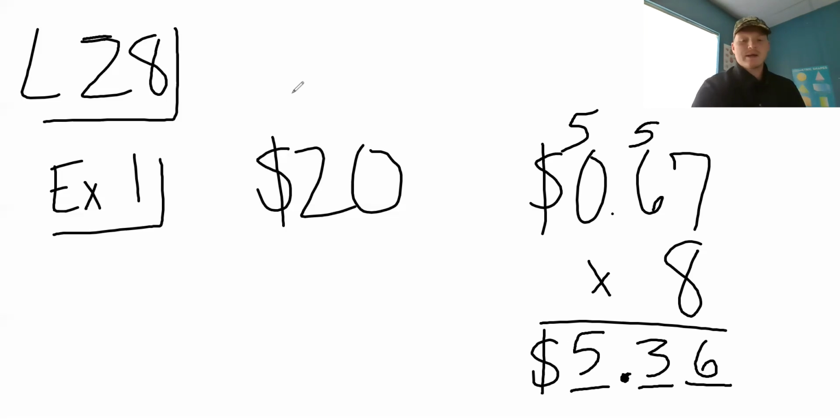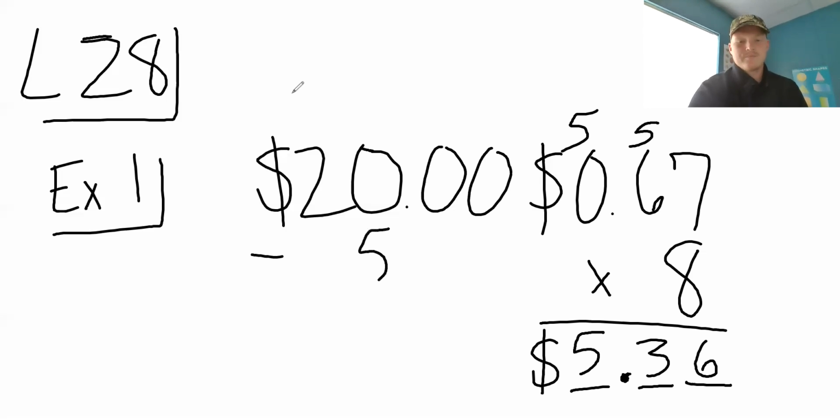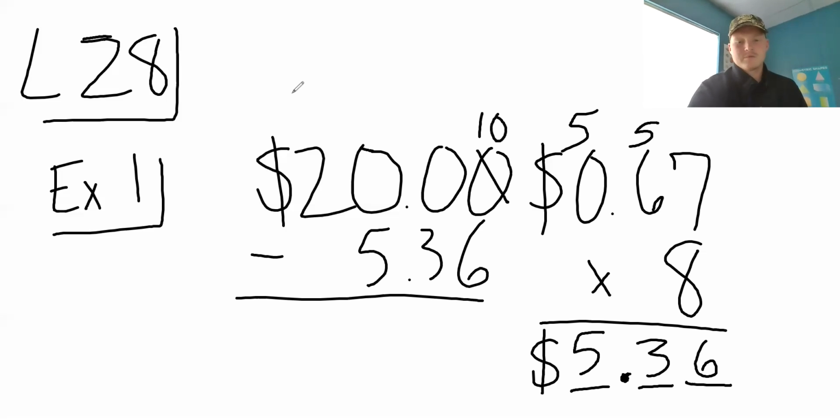So how do I set it up, I should say? $20 minus $5.36. Yeah. That would be 14 and 74.